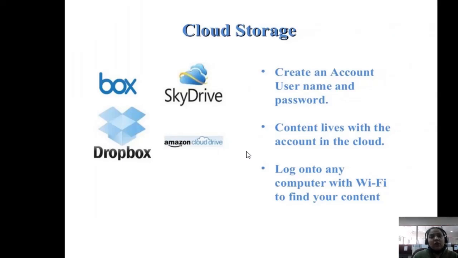Then cloud storage. If you talk about how to go ahead with cloud storage, dear student, we have different types of cloud storage. One is Box, Dropbox is there, SkyDrive, then Amazon Cloud Drive is also there. So these are the following steps that you need to think about when you are going for cloud storage. You need to first create an account, and that account would have a username and password, both things would be there.